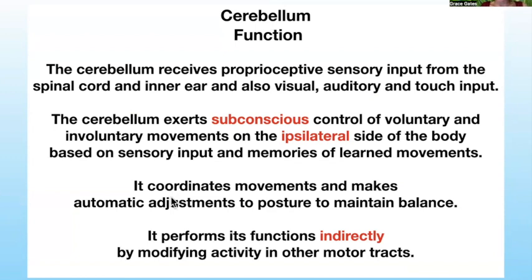The cerebellum coordinates movements and makes automatic adjustments to posture to maintain balance. It performs its functions indirectly by modifying activity in other motor tracts. It does not initiate motor movements.